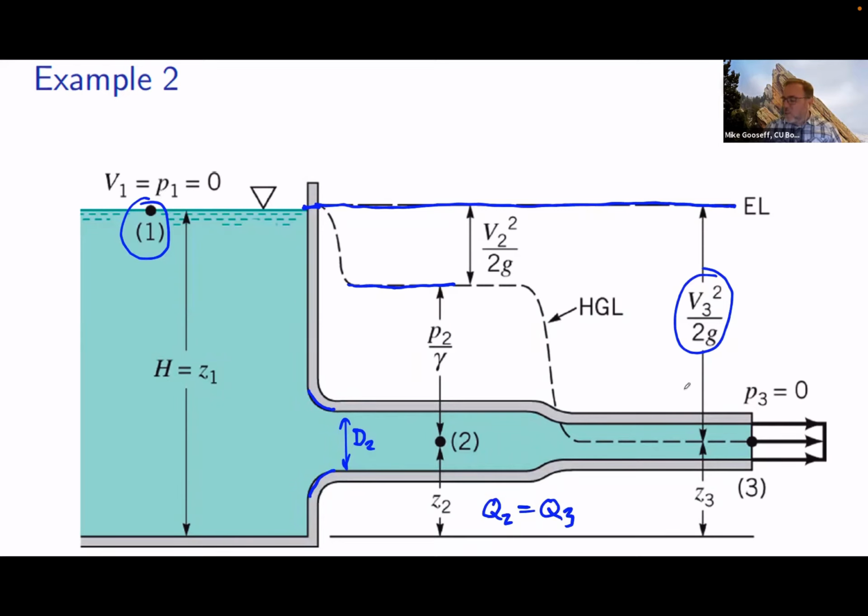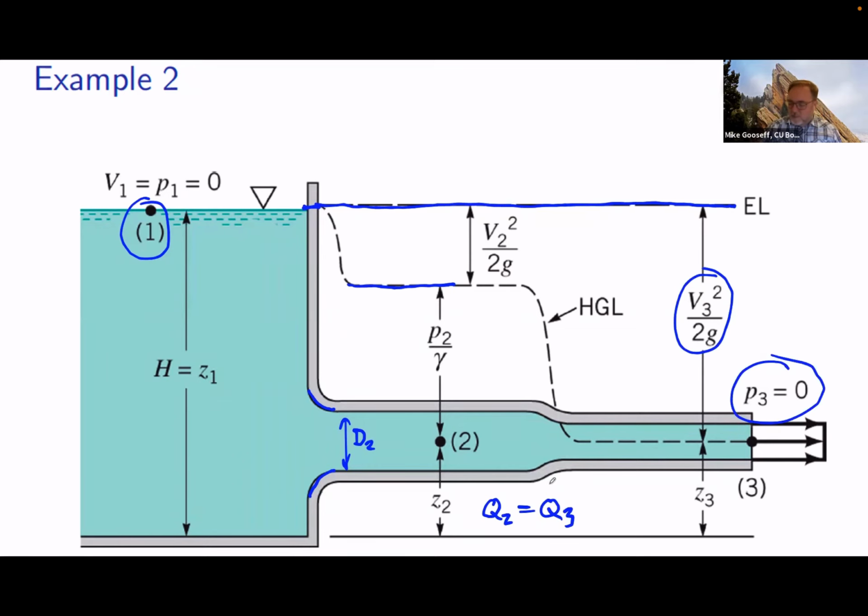Now, one thing you might be asking yourself is why does the hydraulic grade line go to basically 0, or rather, why does it go to the middle of the pipe in this case? So what's happening here is P3 is equal to 0 because we have this jet here. Z3 still exists, right, to get us to the center of this pipe.